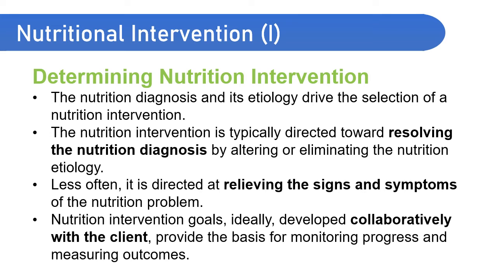Less often, it is directed at relieving the signs and symptoms of the nutrition problem. Nutrition intervention goals are ideally developed collaboratively with the client, and provide the basis for monitoring progress and measuring outcomes.